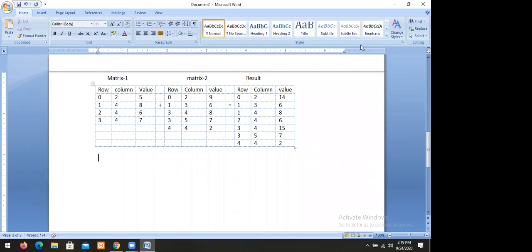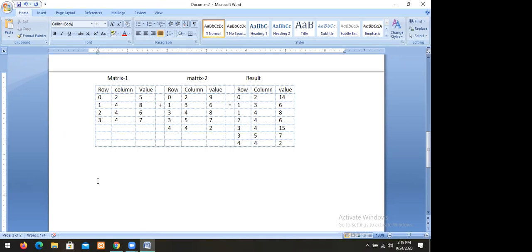To perform addition, you have to compare the row number of the first matrix with the row number of the second matrix. When row numbers of the first matrix and the second matrix are equal, then compare the column.